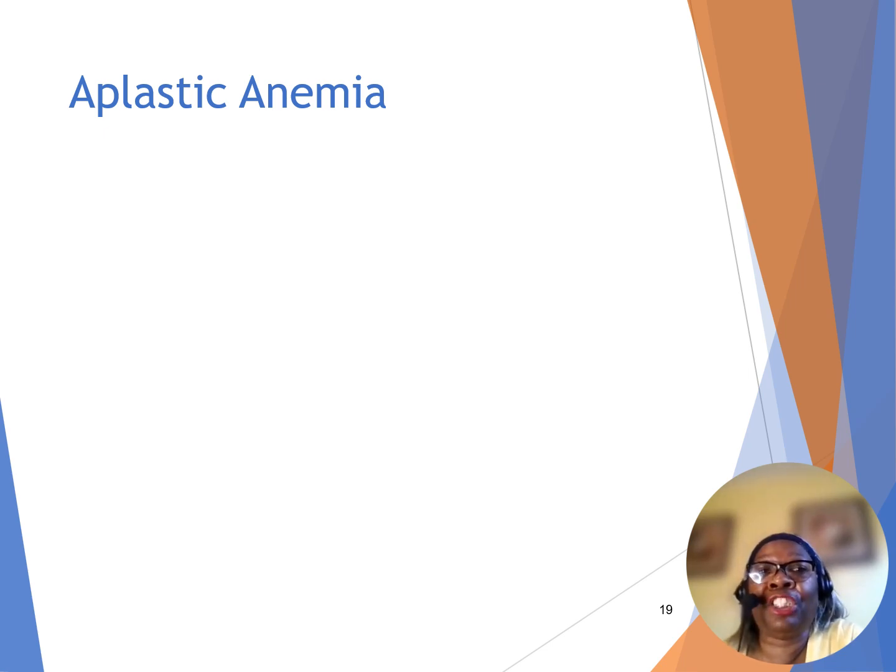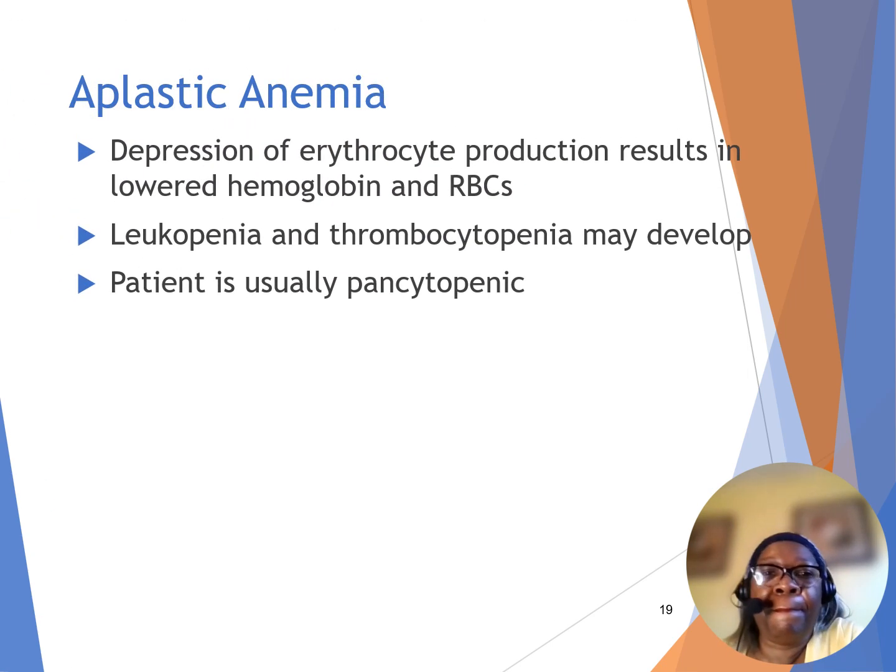Aplastic anemia can be congenital or acquired. What's the difference? Congenital means what? You're born with it. Very good. You're born with it, while acquired means you developed it, right? Okay, very good. Aplastic anemia is depression of the erythrocyte production, which results in lowered hemoglobin in red blood cells.